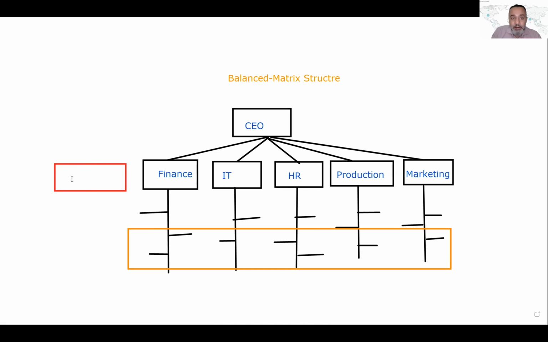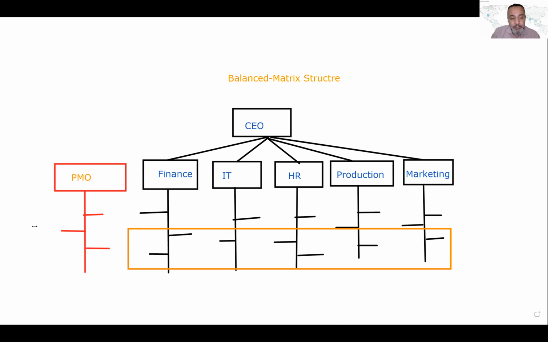Let's create a new independent department, independent function that is called the PMO, the Project Management Office. And now, who are the staff of the Project Management Office usually? Who can be in the Project Management Office?